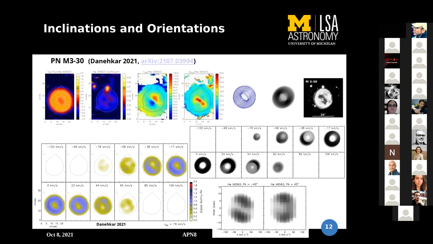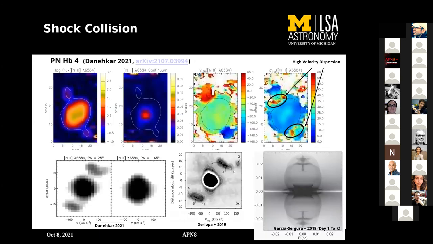For this example, M3-30, which I studied and recently put on arXiv in a paper, using velocity channel maps and position-velocity diagrams, I constrained the inclination of this object, and we see it has elliptical morphology and there are extended outflows.